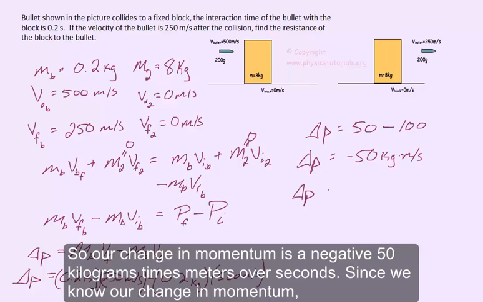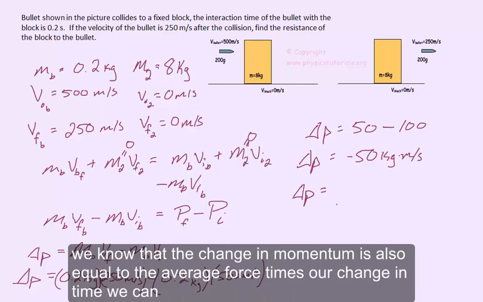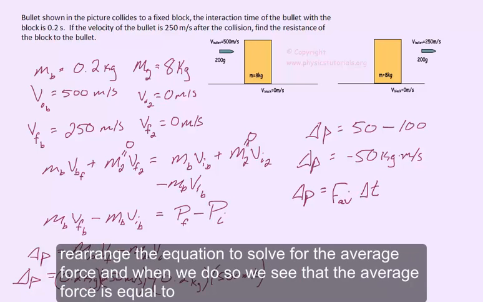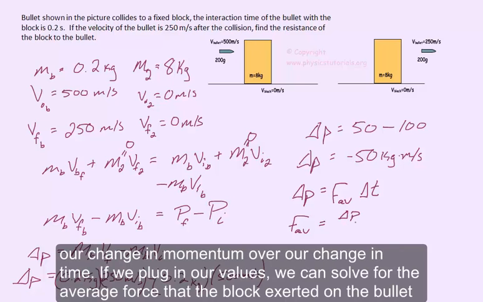Since we know our change of momentum, we know that the change of momentum is also equal to the average force times our change in time. We can rearrange the equation to solve for the average force, and when we do so, we see that the average force is equal to our change in momentum over our change in time.